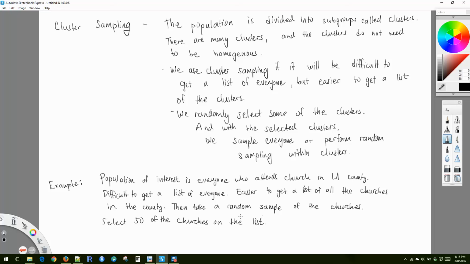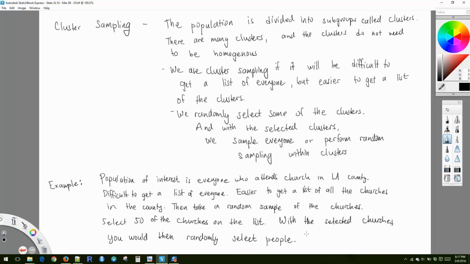Then with these 50 selected churches, you would go to those churches and try to select individual people, and that would be cluster sampling.